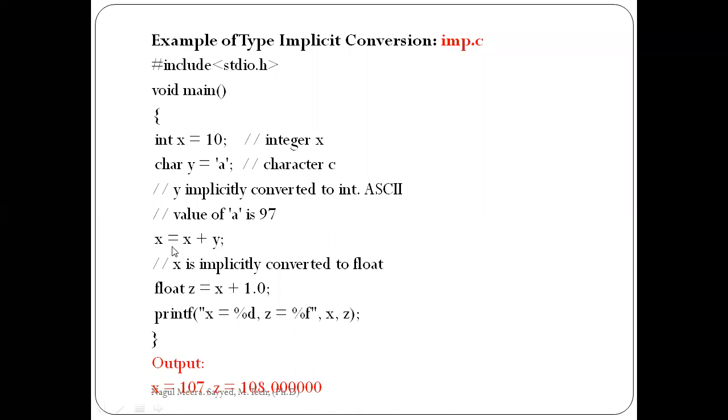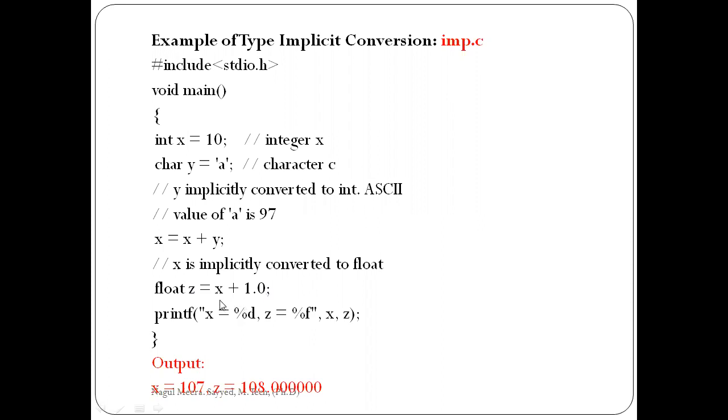Now I am trying to do another variable, that is z, which is of type float. Float z means z is a variable of float data type. Now float z equal to x plus 1.0.